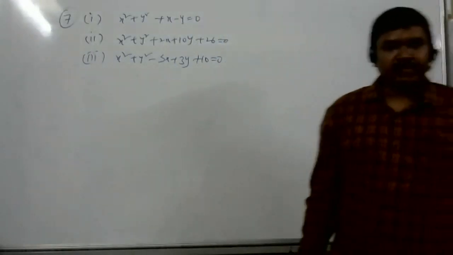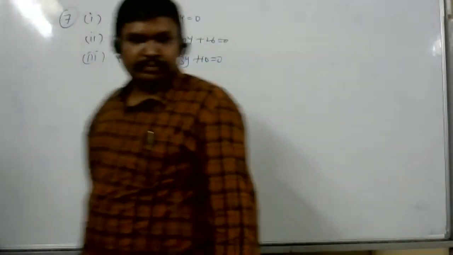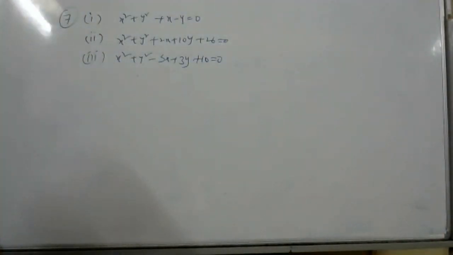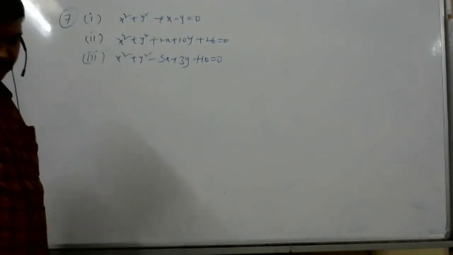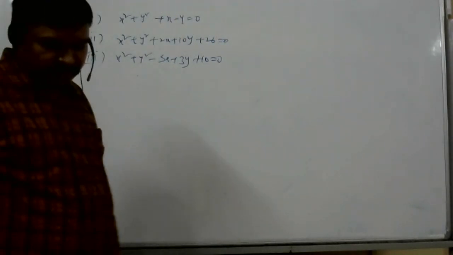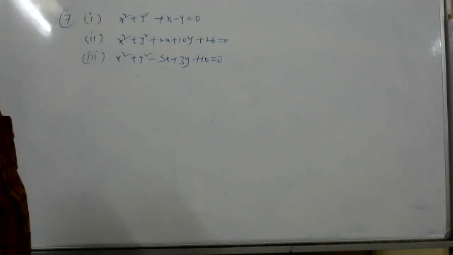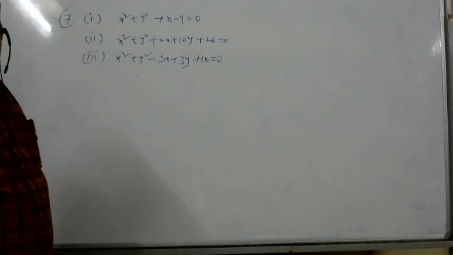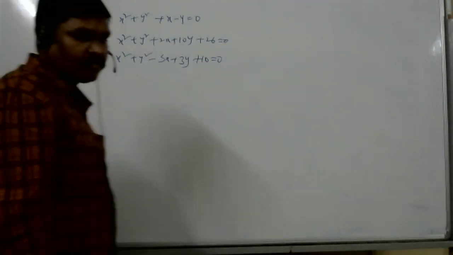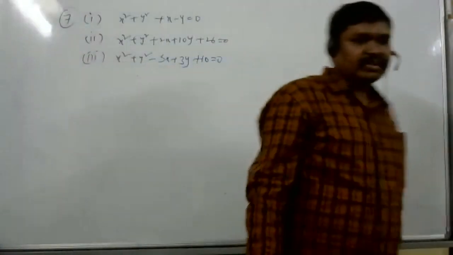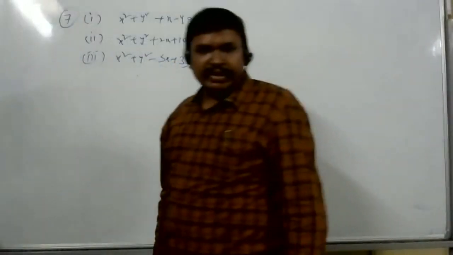Third one? Sir, third one also no circle. Yes, correct. First one is a circle, second one is no circle, third one is also no circle.